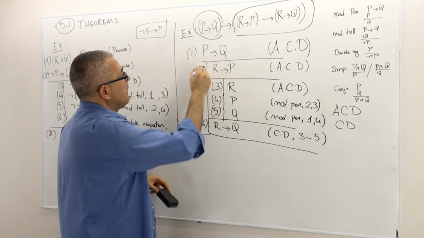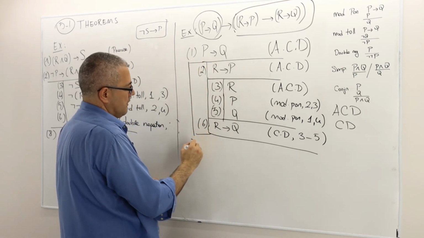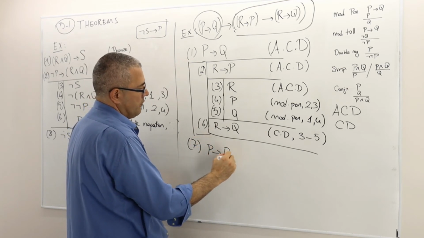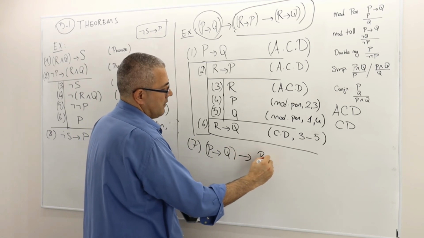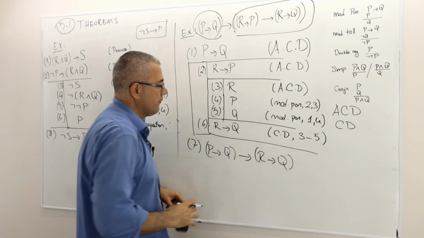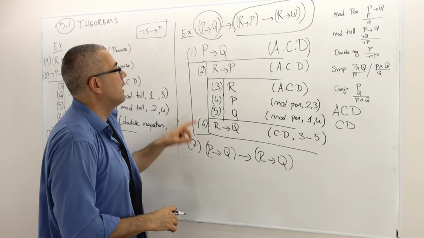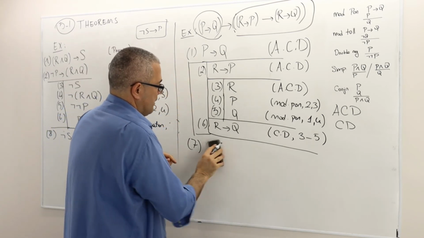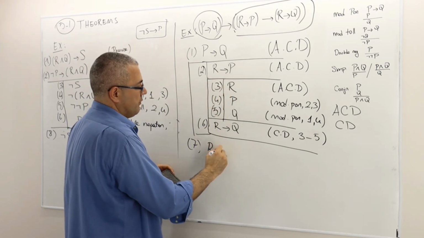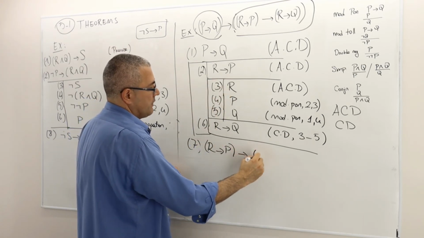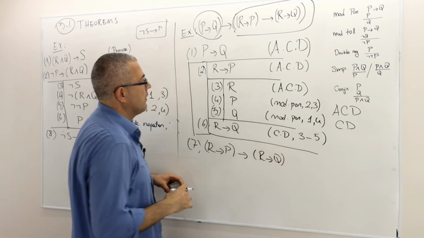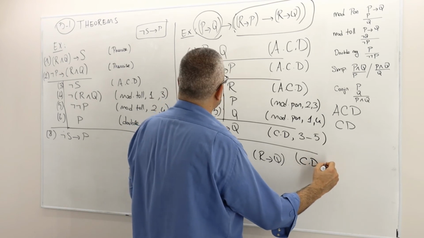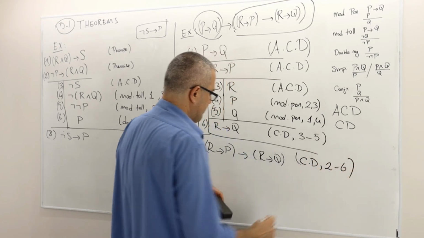And then the 7th line basically says R implies P implies R implies Q. All right? Thanks to arguments, this is conditional derivation between arguments 2 to 6.